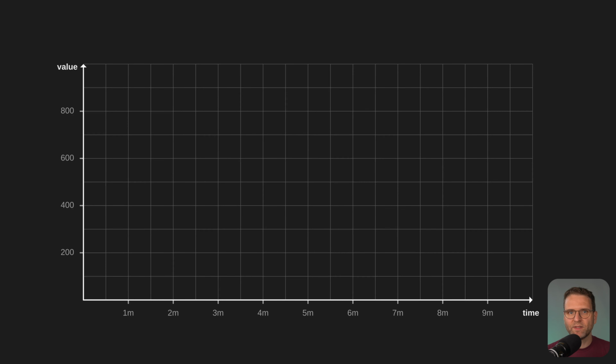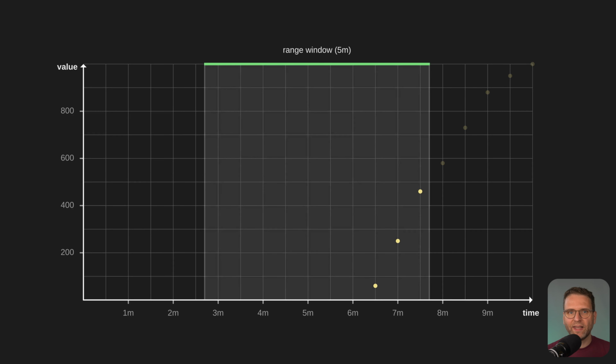Also, imagine what happens in this scenario, where a counter begins at a low value under the window and then increases so steeply that we would extrapolate the slope to a negative sample value if we extended it all the way to the beginning of the range window. Negative sample values don't make sense for counter metrics, so we also always cut off the extrapolation at a sample value of 0 as well.